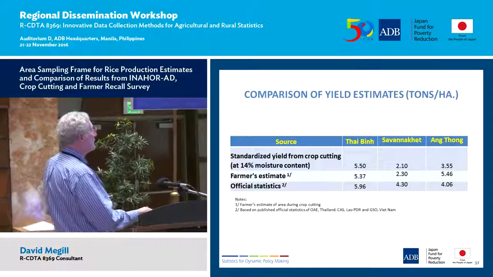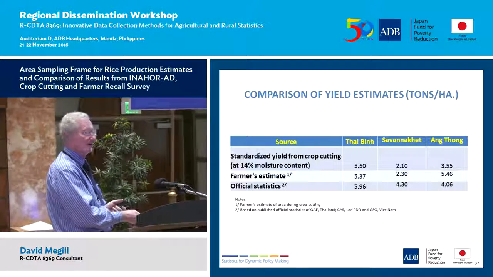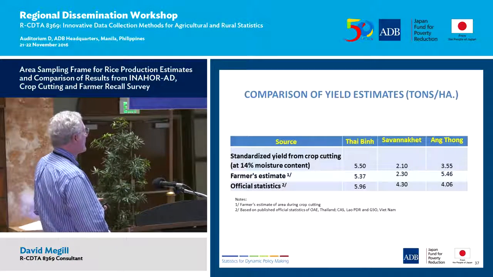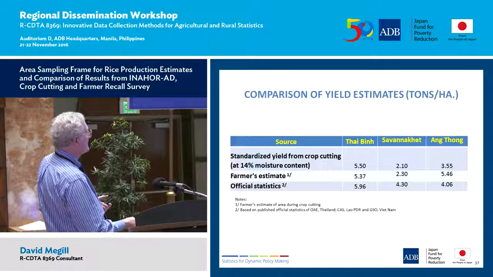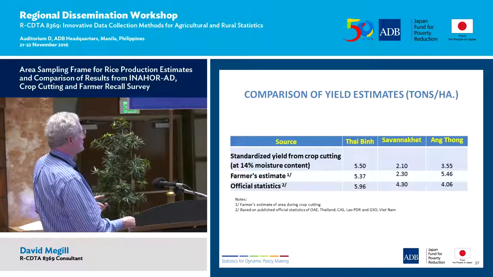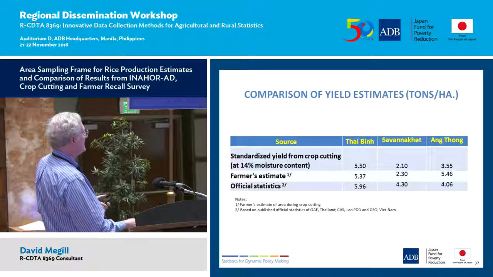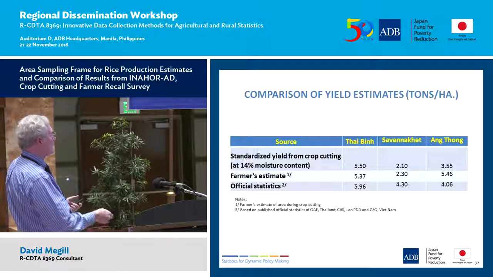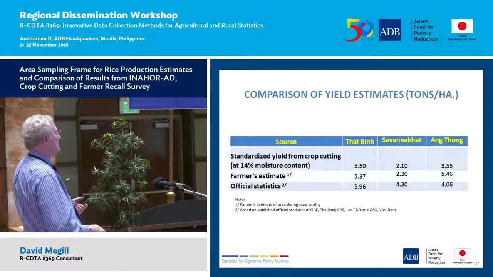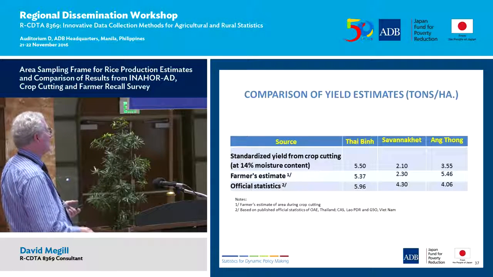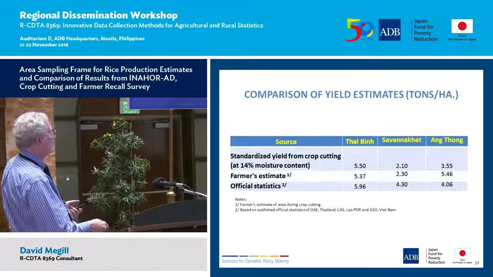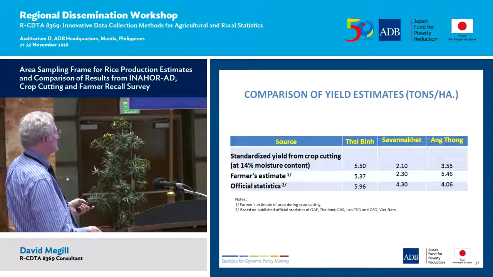Actually, there was another independent estimate, I think, that was closer to the 2.1, 2.3 range, okay. And Thong, the farmer's estimate was higher. And anyway, it's interesting that you've found different results in the different provinces. But this, we can study some of the causes of this in more detail later.